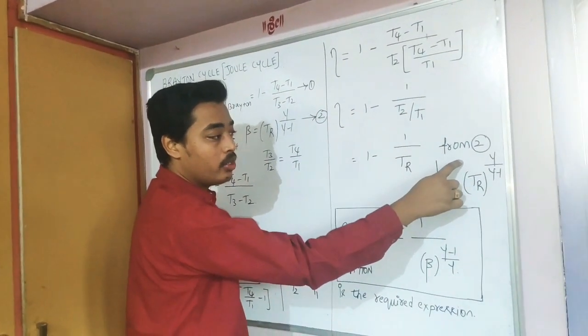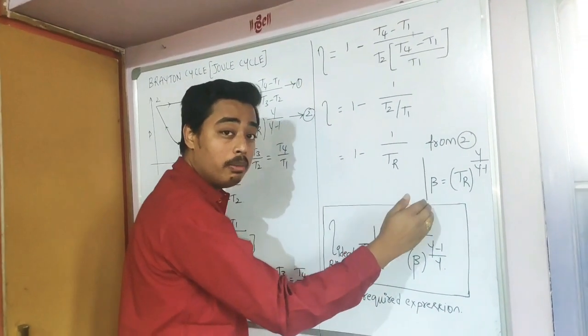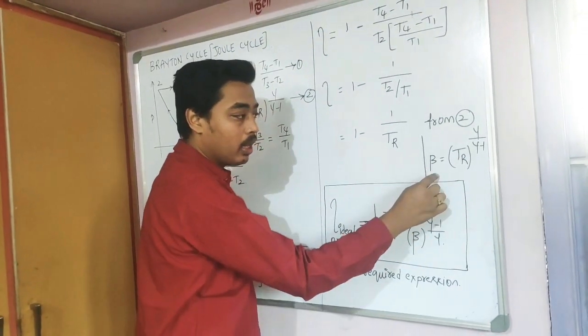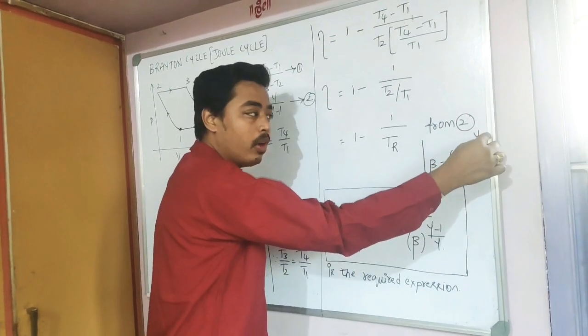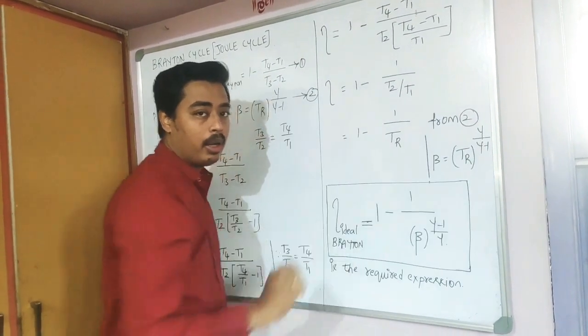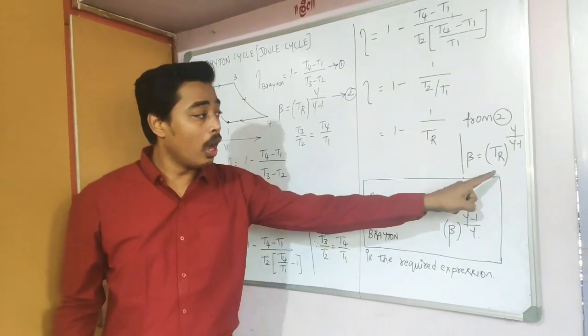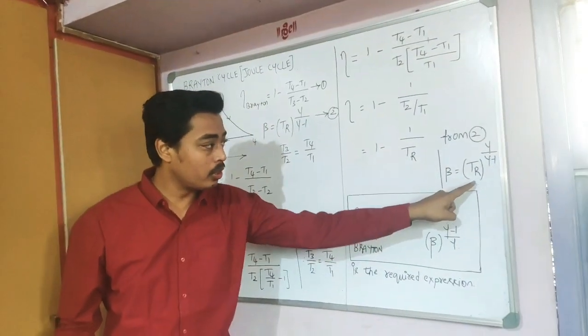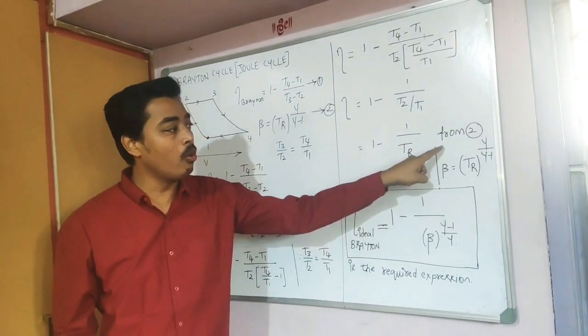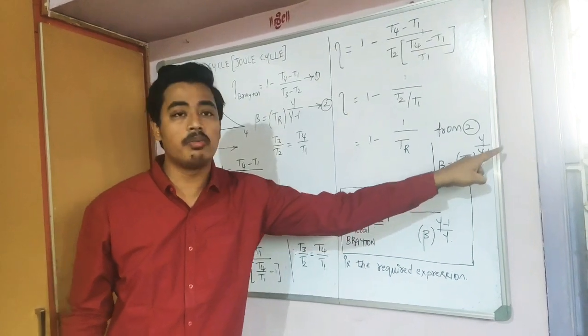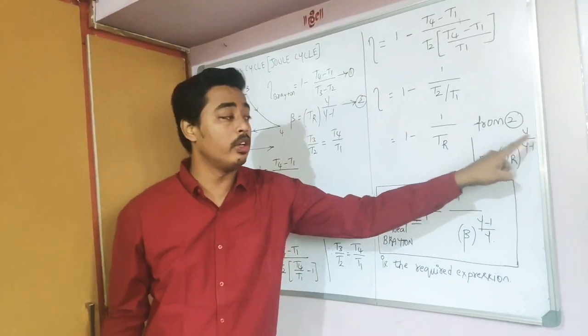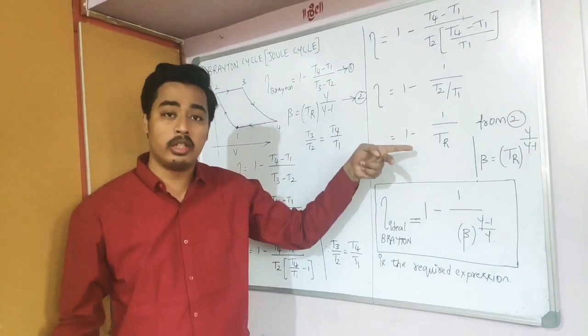So again, from equation 2, you have the relationship between beta and TR, right? So beta is equal to TR whole to the power of gamma divided by gamma minus 1. I want TR here. So TR is equal to beta whole to the power of, if you transfer gamma divided by gamma minus 1 to the other side, what happens? It becomes the reciprocal of it.